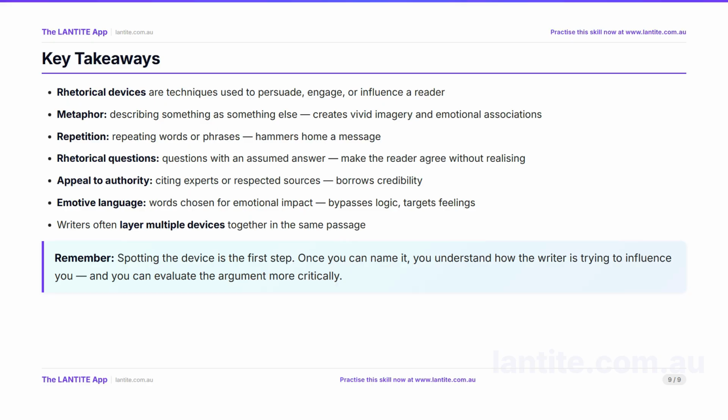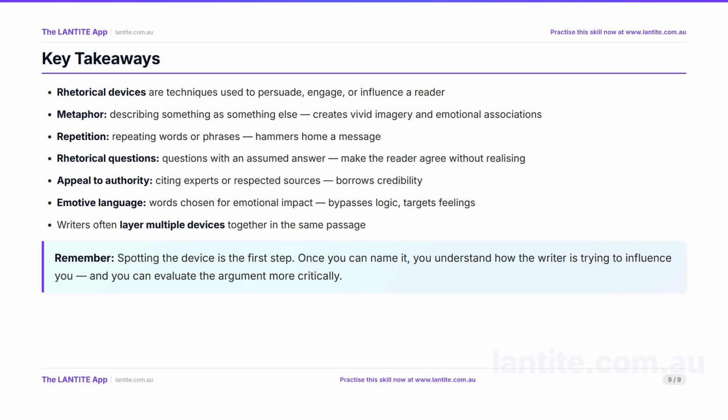Let us recap. Rhetorical devices are techniques used to persuade, engage, or influence a reader. We covered 5. Metaphor describes something as something else, creating vivid imagery. Repetition hammers home a message by repeating words or phrases. Rhetorical questions make the reader agree without realizing it by posing questions with assumed answers.